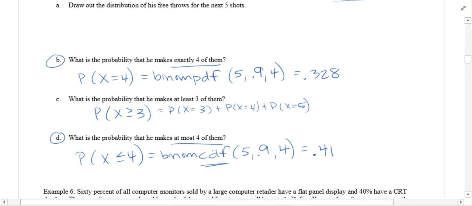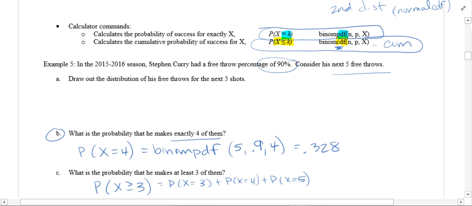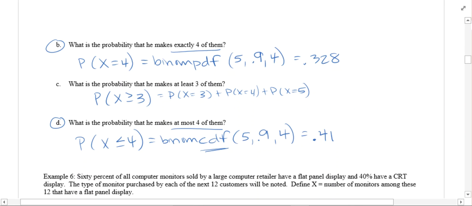CDF, like when you look at the definition up here, only does less than or equal to. So can we get it to do greater than? What we're going to need to do is subtract from 1. So this is the same thing as 1 minus. The cases I'm not using are 0, 1, 2. So that's the same thing as 1 minus the probability x is less than or equal to 2. Let me just show you the cases: 0, 1, 2, 3, 4, 5. We want 3, 4, and 5 to be in our answer, so greater than or equal to 3.